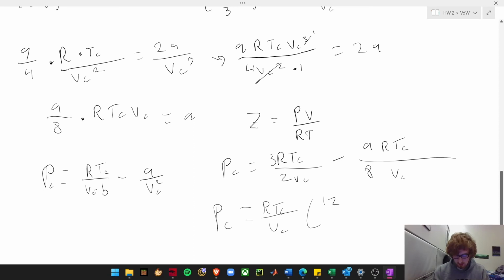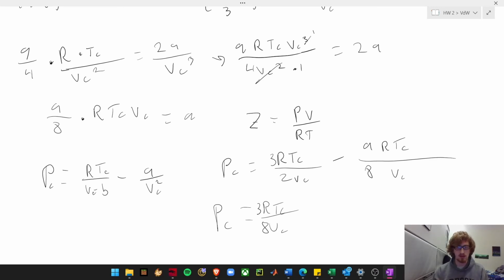We'll have 12, and then minus 9, all that over 8, and then that's obviously going to be 3/8. So we're going to end up with our critical pressure is going to be equal to our critical temperature times R over 8 times our critical volume.